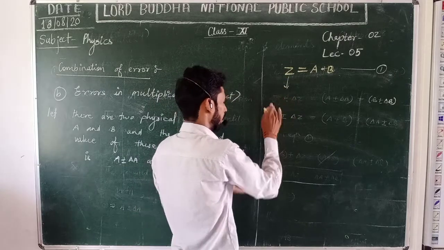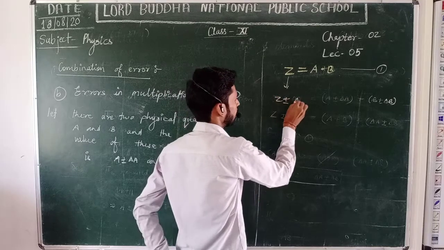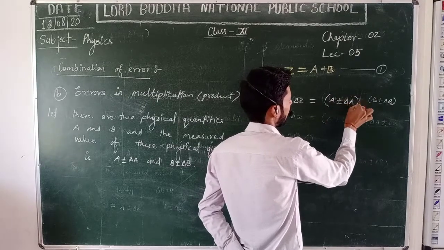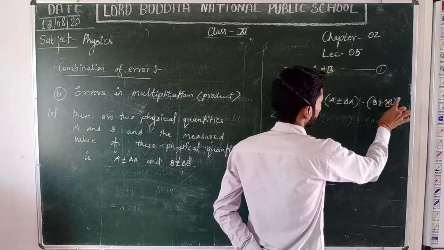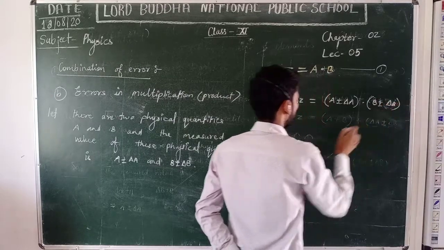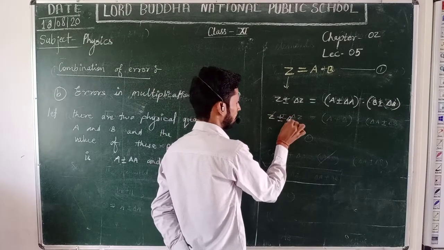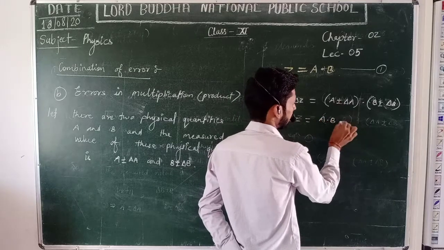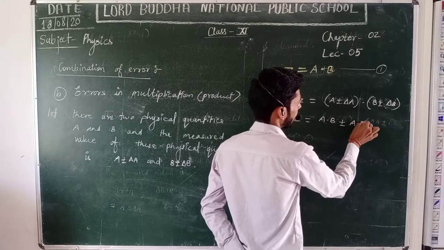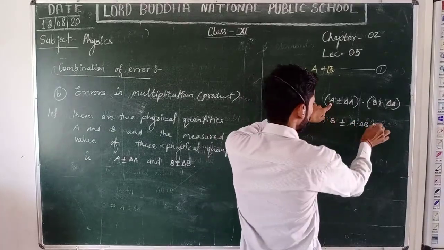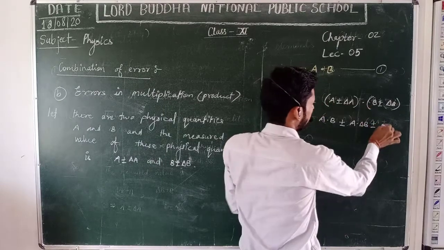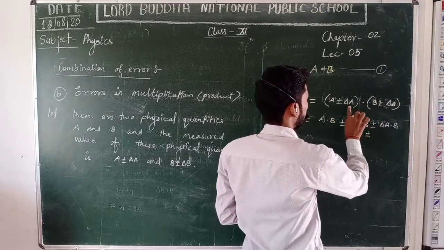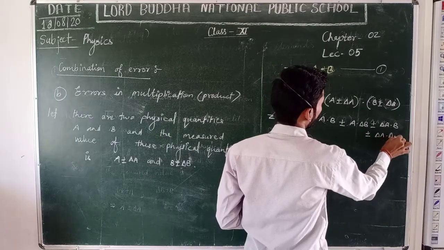So Z plus minus delta Z is equal to A plus minus delta A into B plus minus delta B. Writing the product, Z plus minus delta Z is equal to A into B, plus minus A into delta B, plus minus delta A into B, and last one plus minus delta A into delta B.